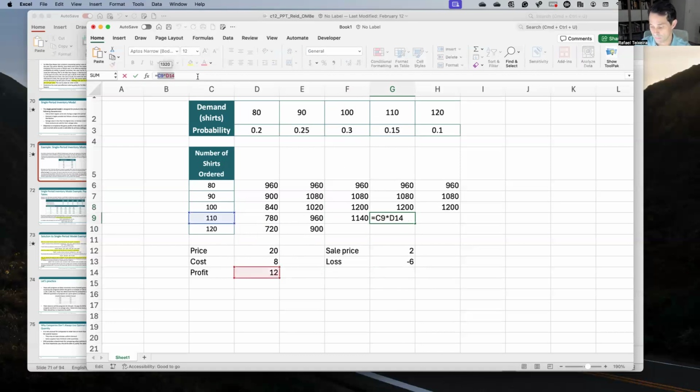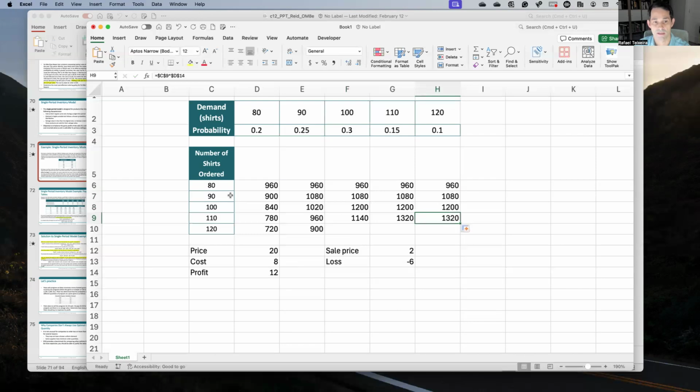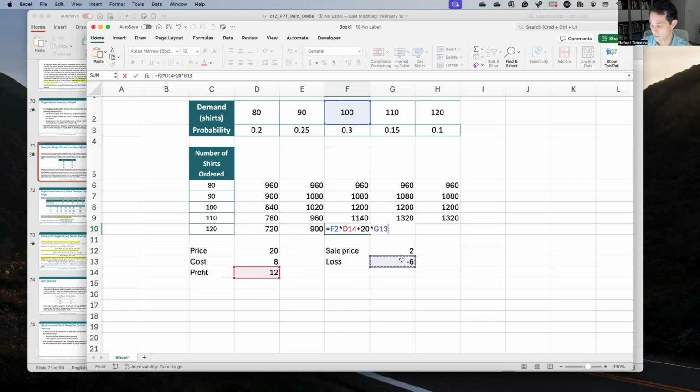The next one, I'm going to lock these cells and just copy, because in the next combination he orders 110 and the demand is higher, he sells all 110 and that's it. Now, he orders 120, the demand is 100, so he's going to sell all the demand for the full price and profit, and we're going to add the loss of 20. 120 minus 100 is 20 unsold, times the loss.